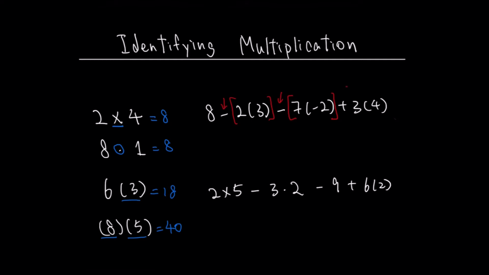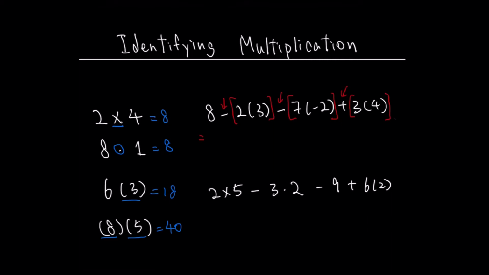So we have plus 3 times 4, just like the previous example, a multiplication. So what you can see now is that we have separated the expression. We have indicated the multiplication with these brackets, and everything in between is an addition or subtraction sign.